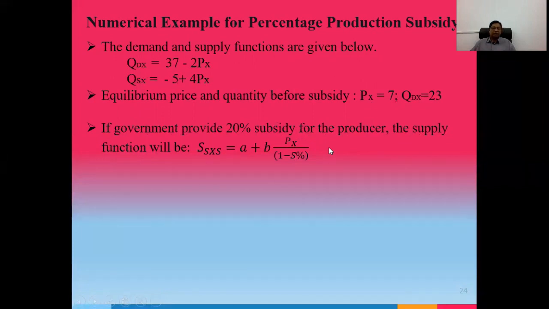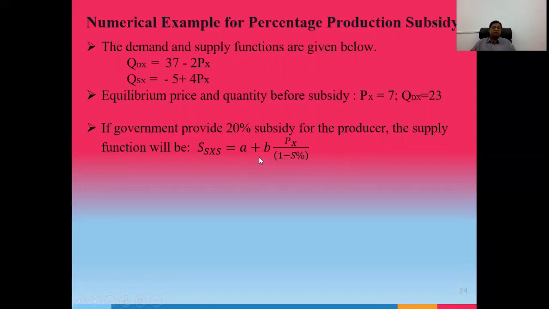Price after subsidy is the equilibrium price divided by 1 minus percentage subsidy. In the case of ad valorem tax, you can remember Px over 1 plus T percentage; here it is 1 minus S percentage, that is the difference. The same way we did in the case of ad valorem tax.